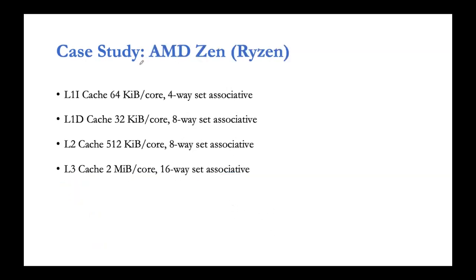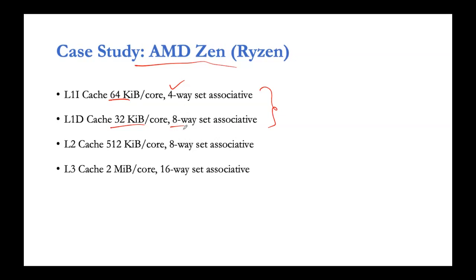Another processor is the AMD Zen processor. Its L1 instruction cache size is 64 kilobytes per core, whereas Intel's is 32 kilobytes per core. For the L1 data cache, it uses 32 kilobytes per core, and for placement it uses 4-way set associative for instructions and 8-way set associative for data access.